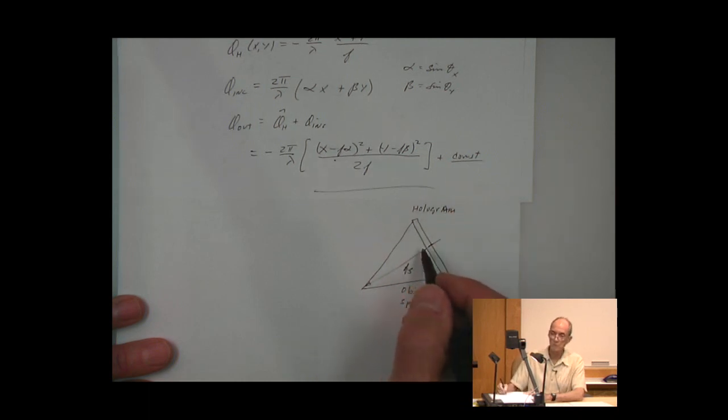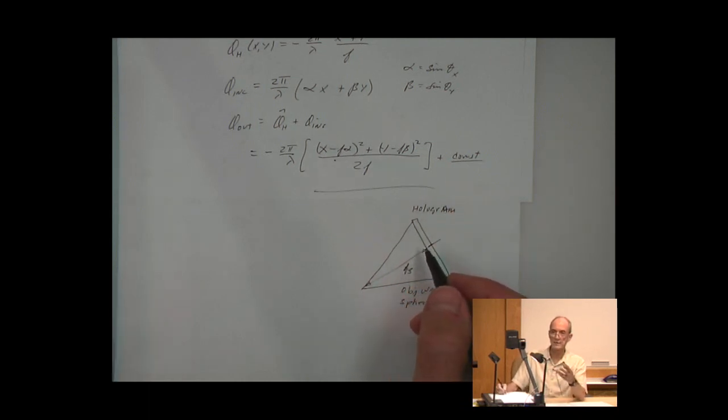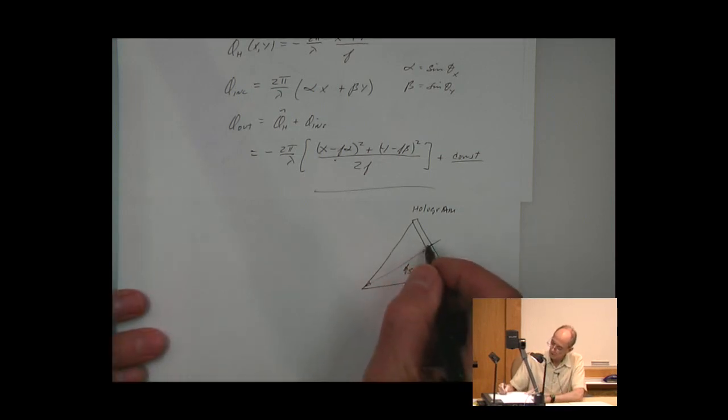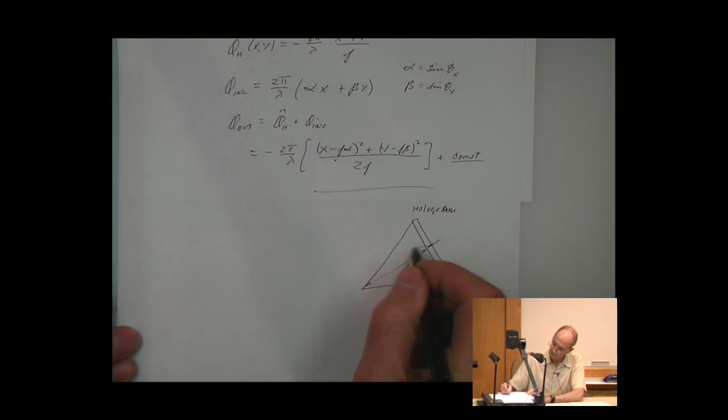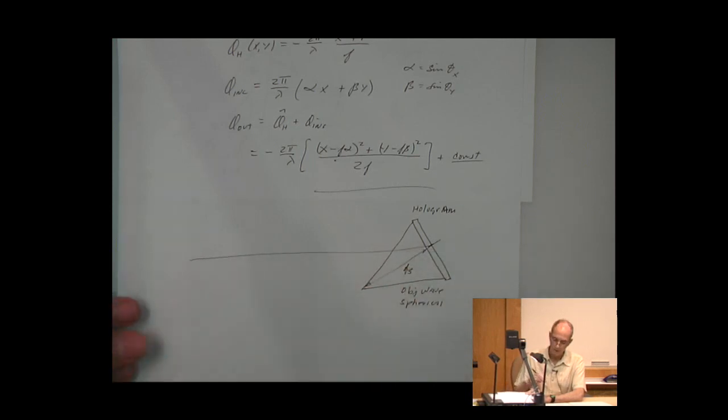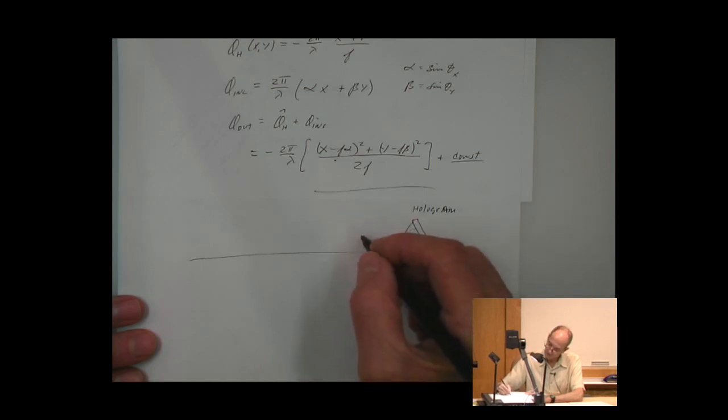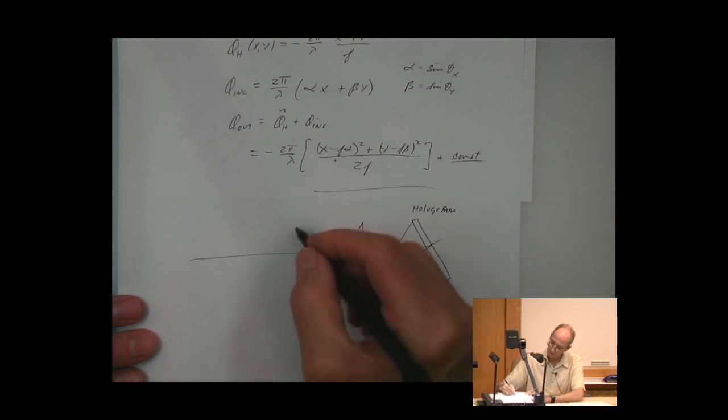And what we're going to do now is encode the quadratic phase in the reference beam. All right. So here we'll draw an axis. And so we have a lens here, a lens here.